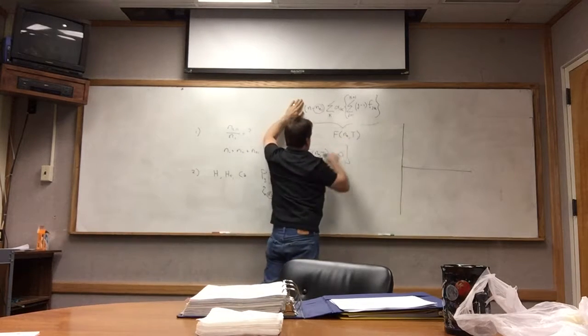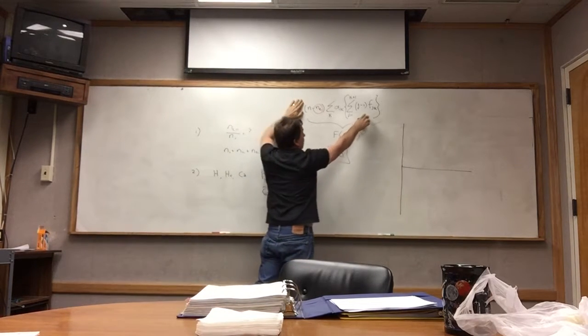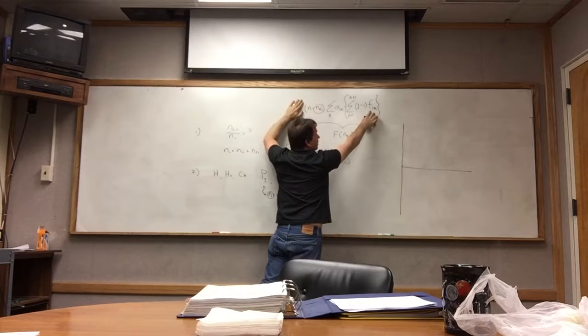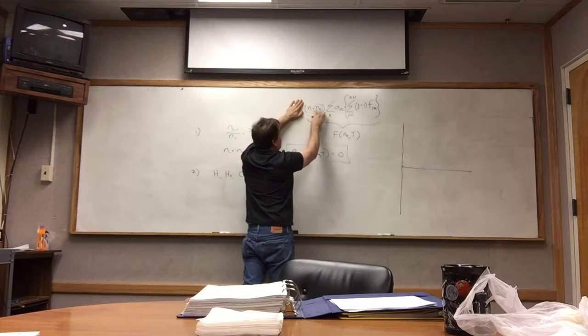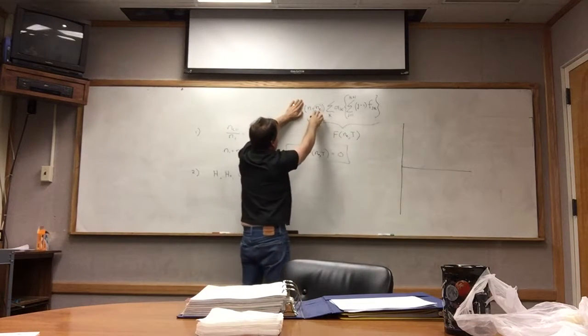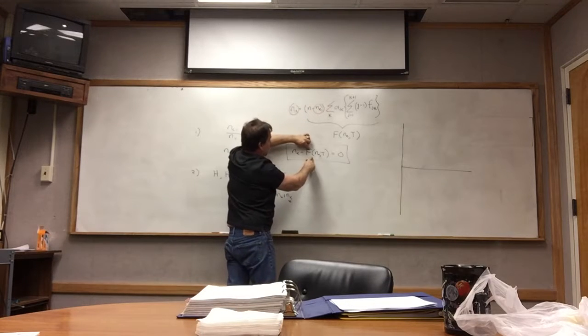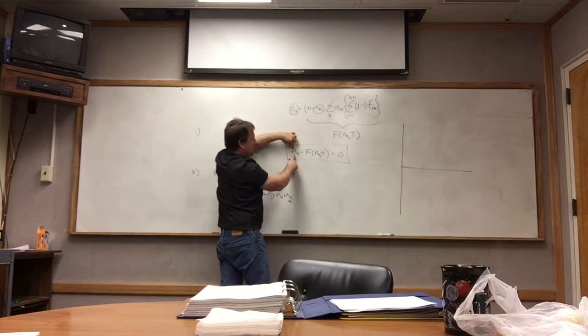You're going to guess at Ne, so you can calculate all of the ionization fractions at that temperature for that Ne. You're going to do the summation, then multiply by n minus the Ne you guessed, where n is the total, and then you're going to see, does that equal the Ne that I guessed?